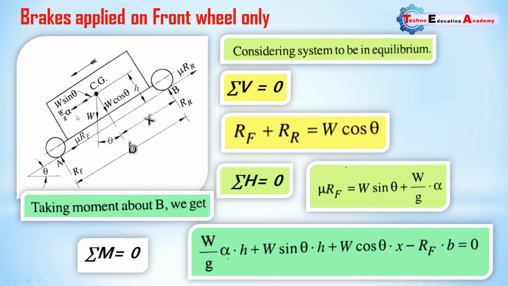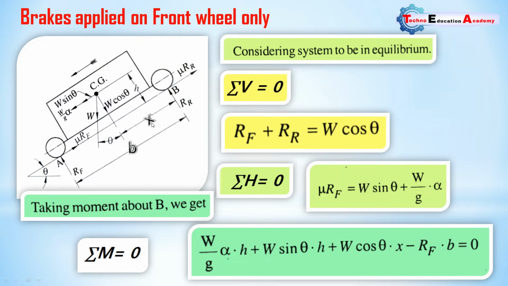Here you can see that this inertia force W by G into alpha, its perpendicular distance is h. Then W sin theta, its distance is also h from point B, perpendicular distance is h. And another force W cos theta, here we are considering x distance from the B point, from the center of gravity reference line.